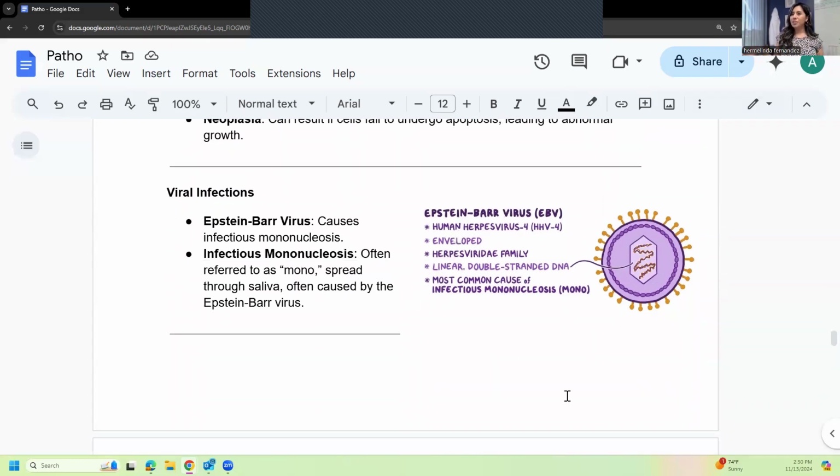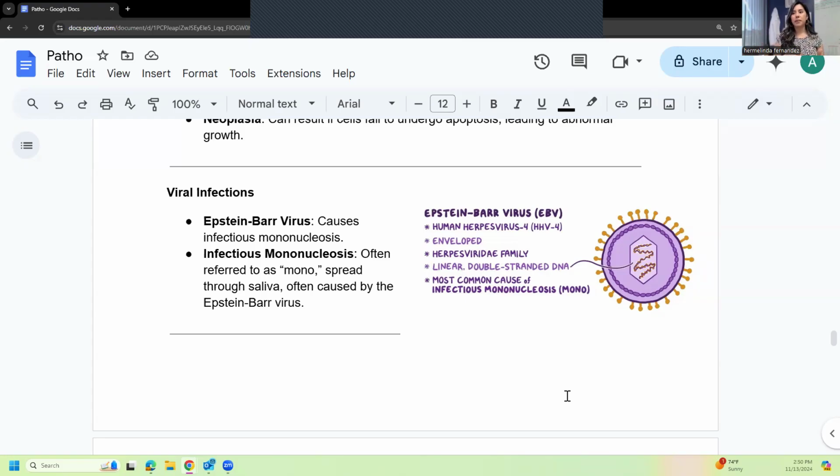Then we have viral infection. Epstein-Barr virus is what causes mono. Remember that we talked a little bit about this back in, I think we said, 2007. I think that's what we decided in class, the time that mono was such a big thing.